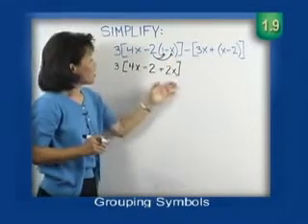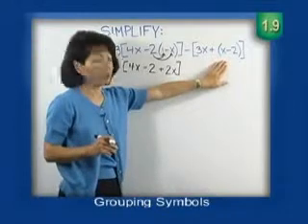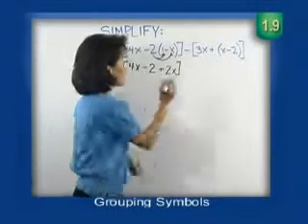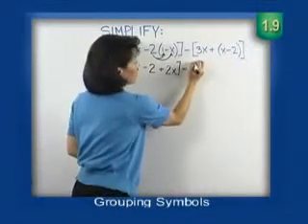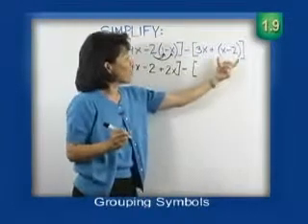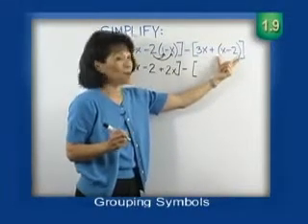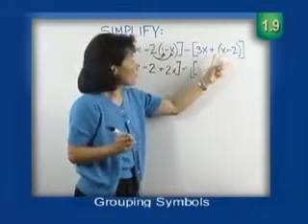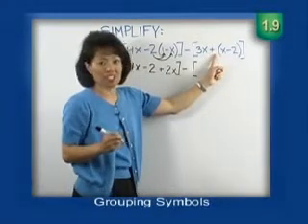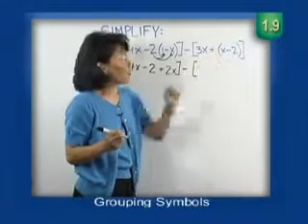Now let's continue. Let's look at our second set of grouping symbols here. We see we have a minus sign between them. And inside we have the innermost grouping symbols, the x minus 2. But in this case, notice there's no number, positive, negative, nothing, in front of the parentheses there.